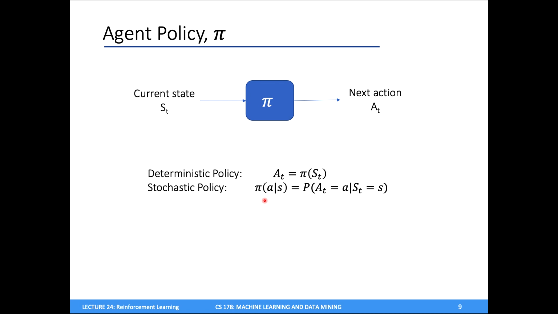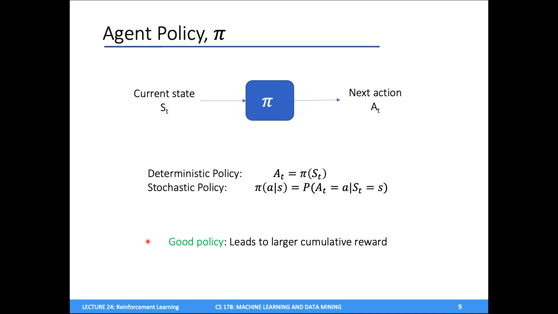It returns a distribution over possible actions. So maybe if my chess playing agent is not very confident about what the next move should be, it should say: okay, maybe I think 80% chance I should move this piece, but 20% chance I should move this piece. Stochastic policies let you encode uncertainty about the next action you might like to take.